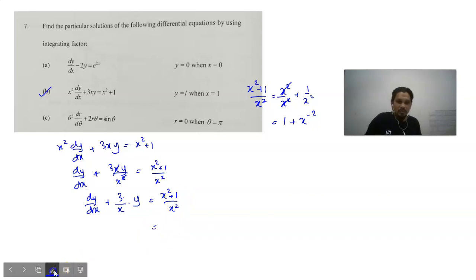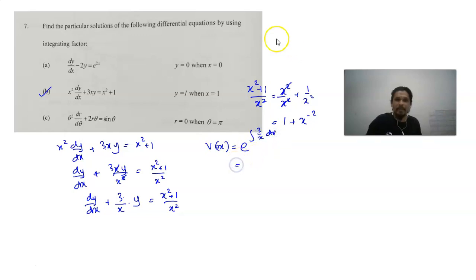Let's see what our integrating factor is. So V(x) equals e to the power of the integral of 3 over x dx. The integral of 1 over x dx is natural log of x, so 3 natural log of x, am I right? So e to the power of 3 ln x.